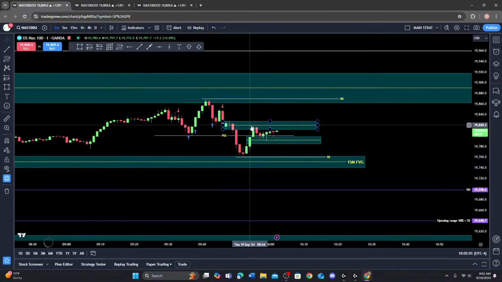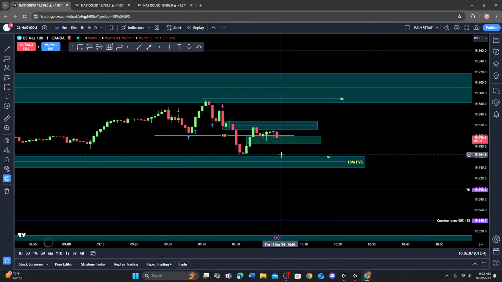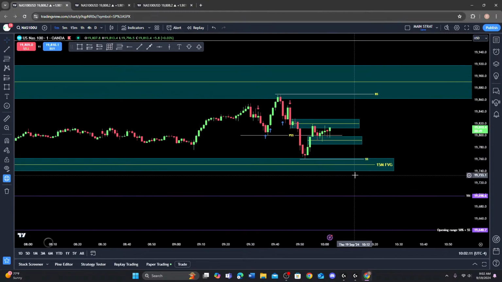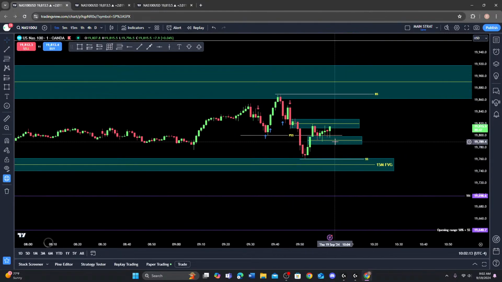It's showing signs that it's not able to get above that, so it's just good. Accumulation here.